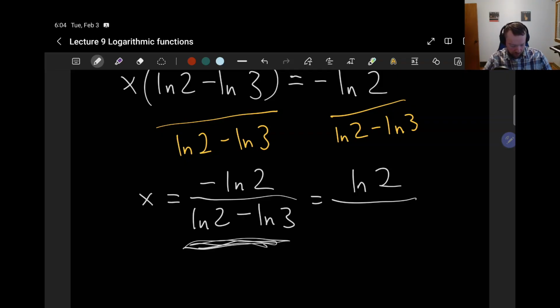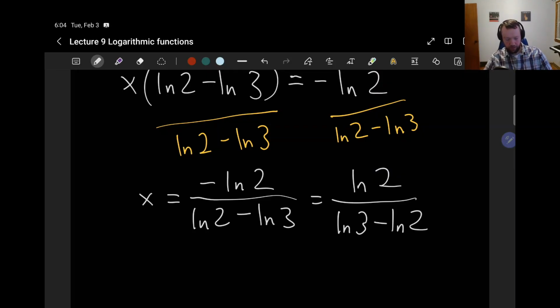So this difference here, if I multiply that by -1, then this will be the positive part. And I'll just write that first. And the ln of 2 is now the negative part. So in that step, I just took the negative of both the numerator and denominator. This is a little bit cleaner.